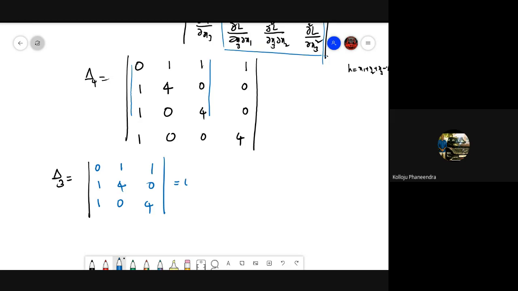The first value 0, minus 1 into (4 minus 0), plus 1 into (0 minus 4). So minus 4 minus 4, minus 8. Delta 3 is negative.